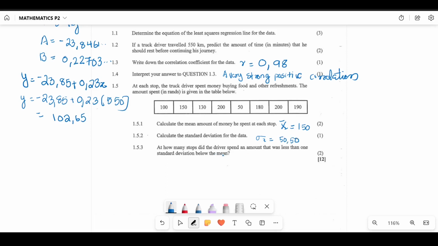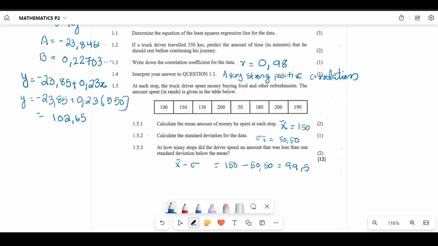At how many stops did the driver spend an amount that was less than one standard deviation below the mean? So we only look at less than one standard deviation below the mean. That means you only check how many values are below x bar minus sigma. Our mean is 150 minus sigma 50,50, which is 99,5.